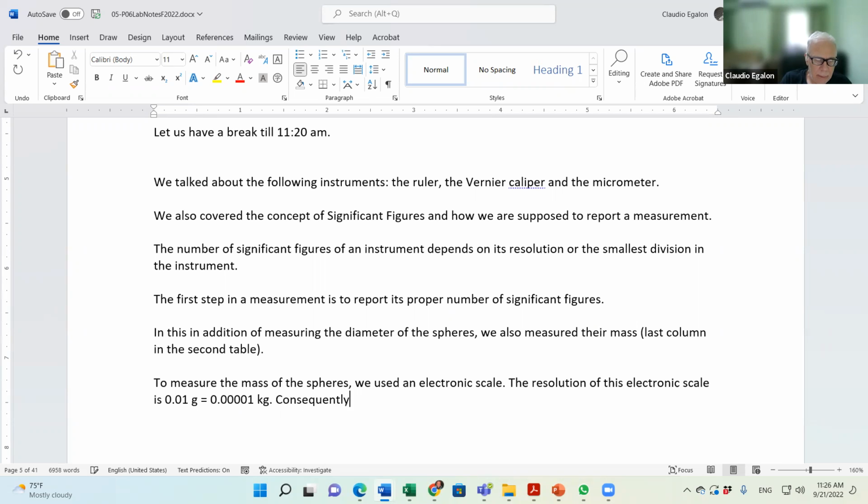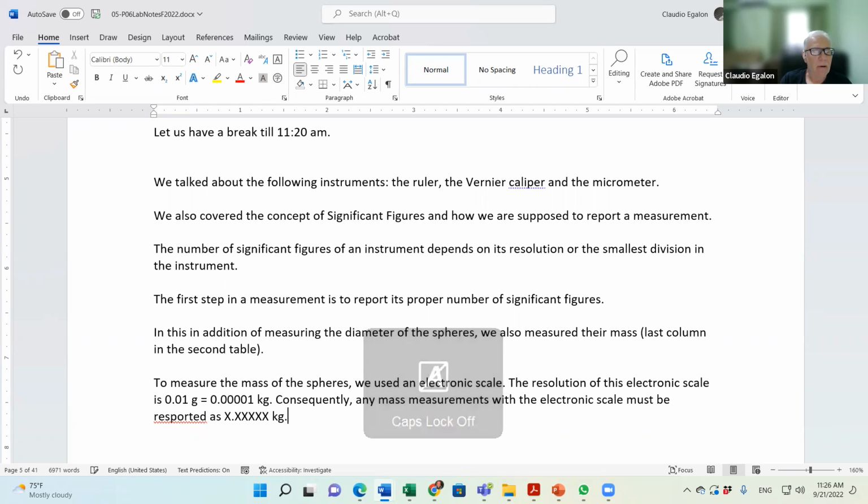Consequently, any mass measurement with the electronic scale must be reported as X.XX kilograms.